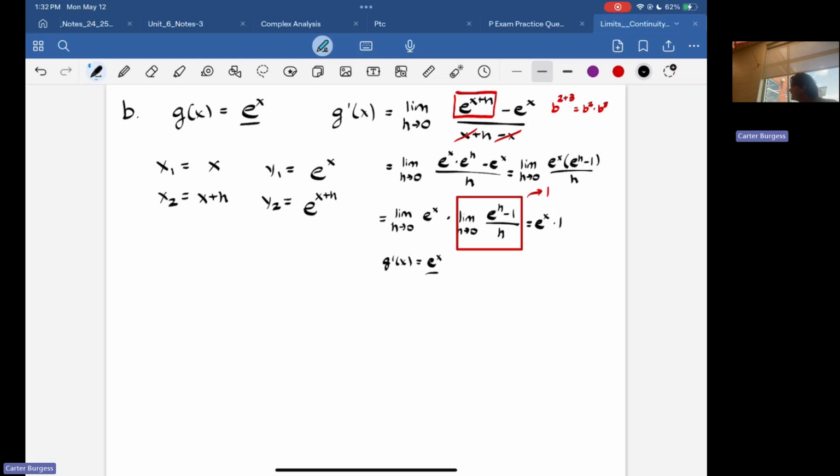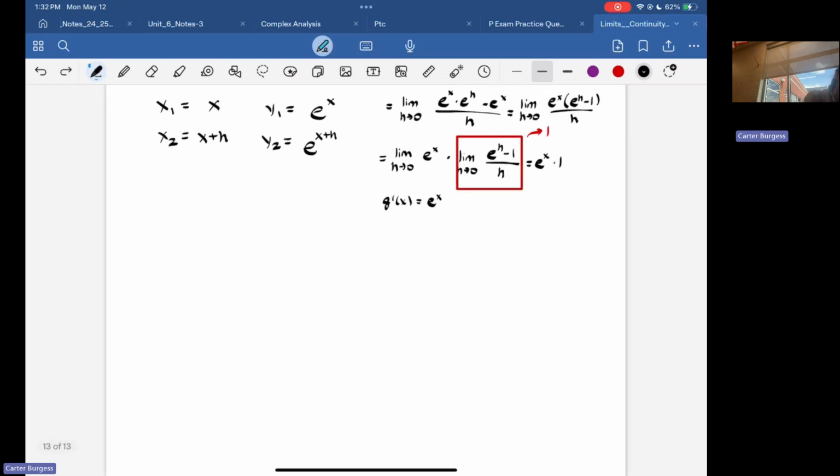But where this becomes, again, what is it even that we have found here, that we have this function that is the same? If I wanted to know the slope of the tangent line at a particular point, it is going to match the y value of that point. That is essentially what we are saying here. So if I wanted to know what is the slope of g when x is equal to 1, this is going to be e to the power of 1, which is just that value of e.